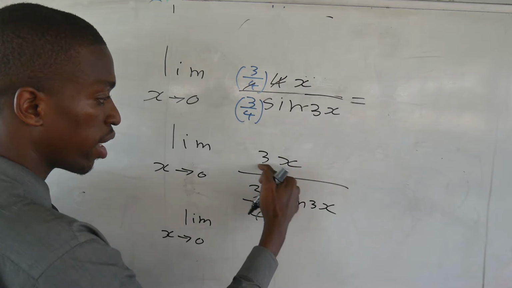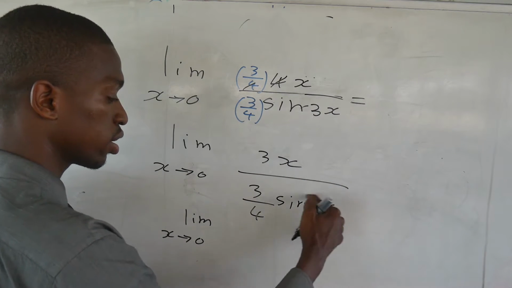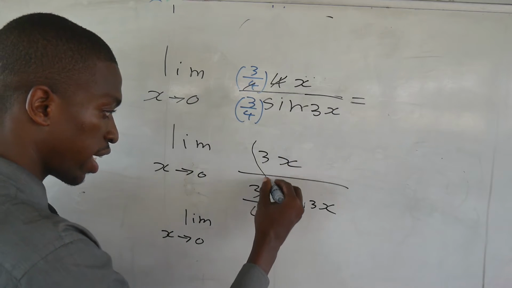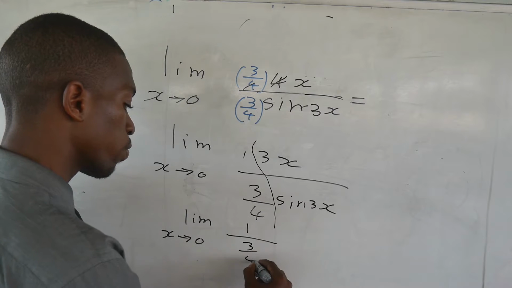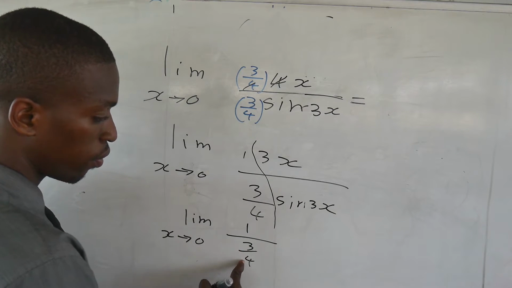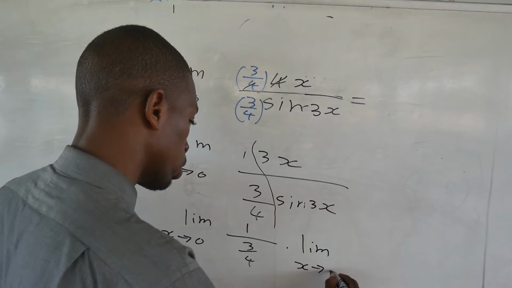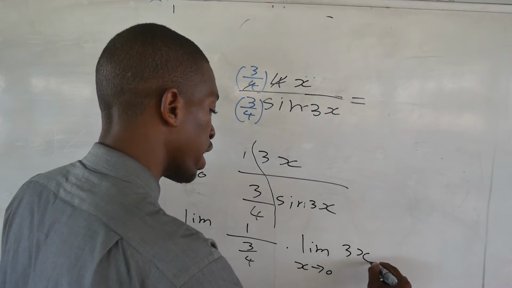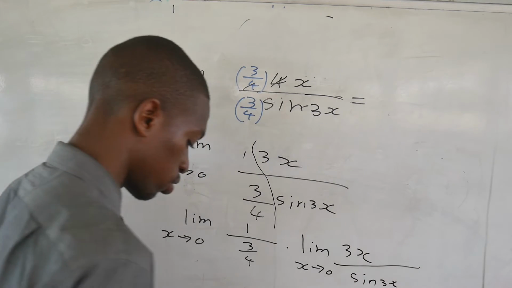Here we have x over sine x, calling 3x the entire x term. So we have a limit of 1 over 3/4 multiplied by the limit as x goes to 0 of 3x over sine 3x.